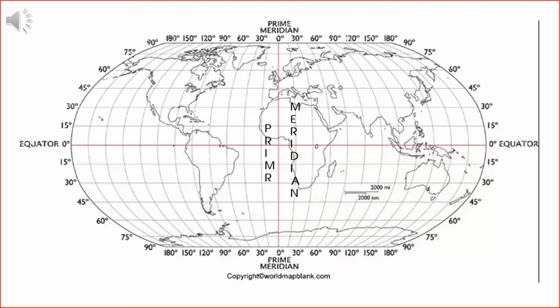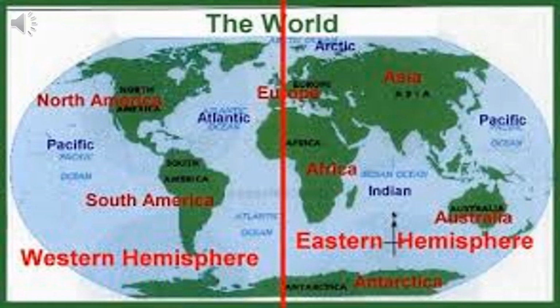The longitudinal line of 0 degree is known as the prime meridian. The lines of longitudes are called meridians. The prime meridian divides the world into the eastern hemisphere and western hemisphere. The distance between each degree of longitude is about 79 kilometers.